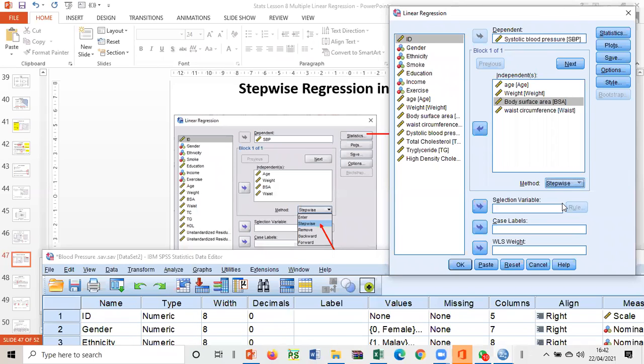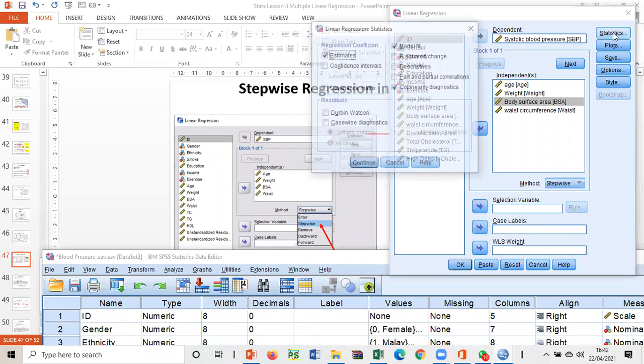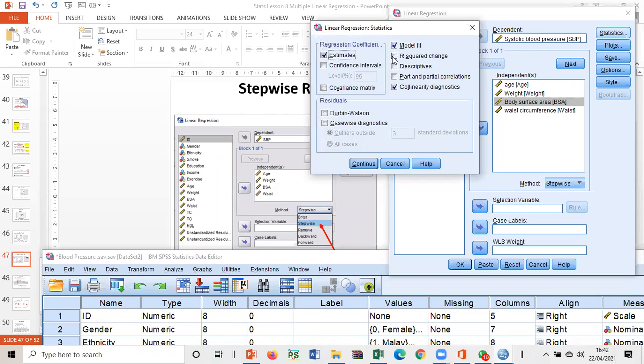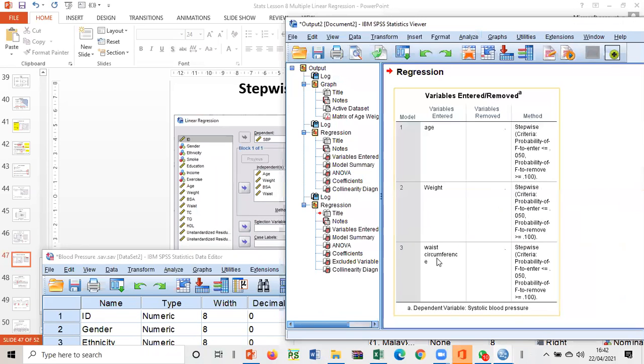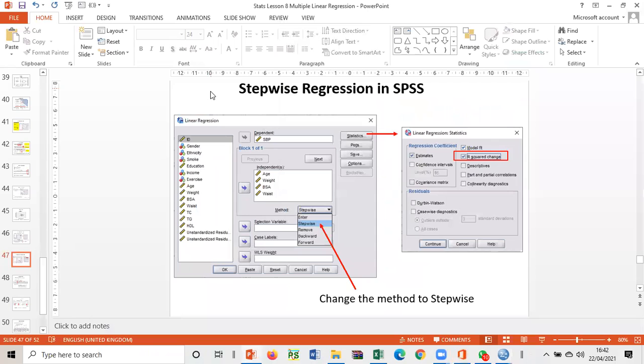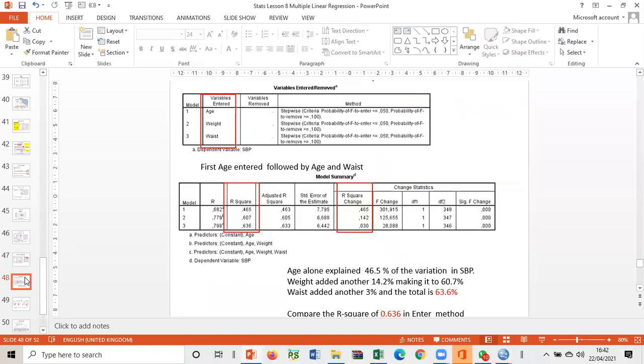That means you're telling SPSS step by step, take the variables one by one, and tell me how many variables need to be included. Then go to Statistics, click on R squared change. Continue. Click OK. Just follow the notes. Let's see what happens.